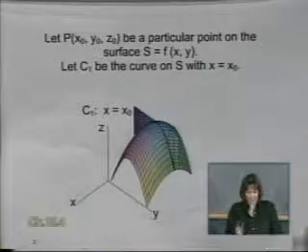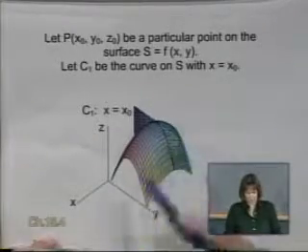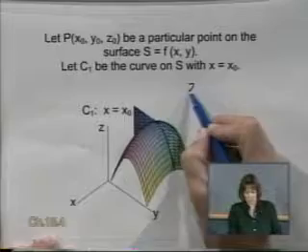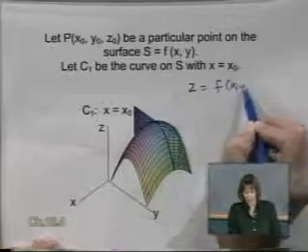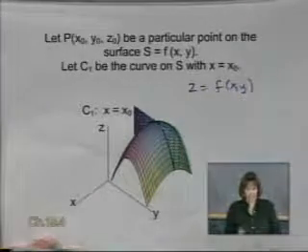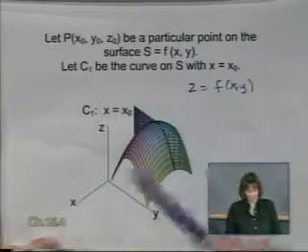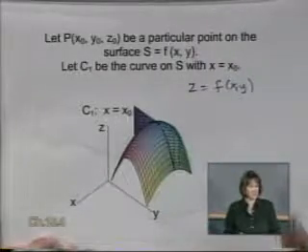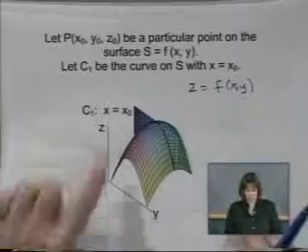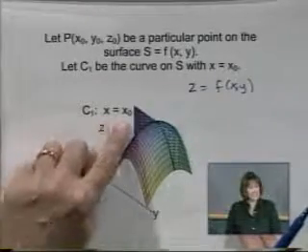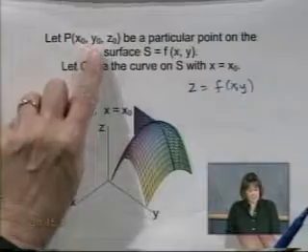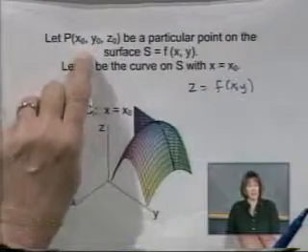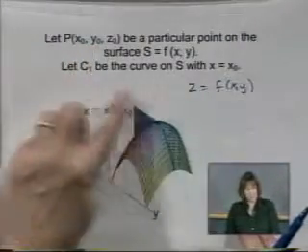All right, so what's happening here? First of all, here's my surface, and my surface has the equation z equals f of x y. What I did in Maple is I took some surface, and it really doesn't matter what the equation was. I just picked something that would turn out pretty in the picture. And what I have here is the plane x equals x naught. I have some particular point, which I'm going to call P naught, with coordinates x naught, y naught, z naught, that's on this surface.